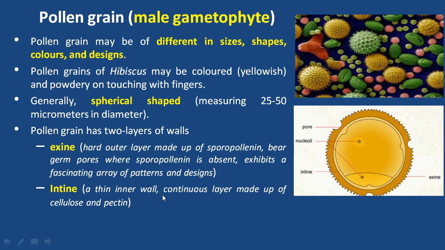Intine is the inner wall of the pollen grain, present inside the exine, and it is made up of cellulose and pectin. So cellulose and pectin make up the intine layer of the pollen grain. In total, we have two layers of walls, exine and intine, in pollen grains.